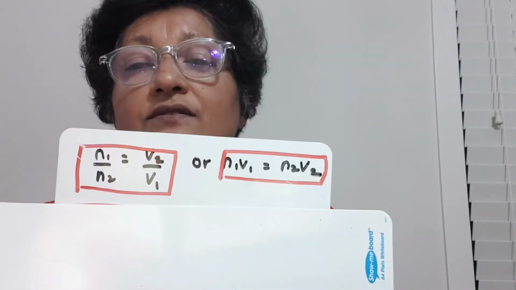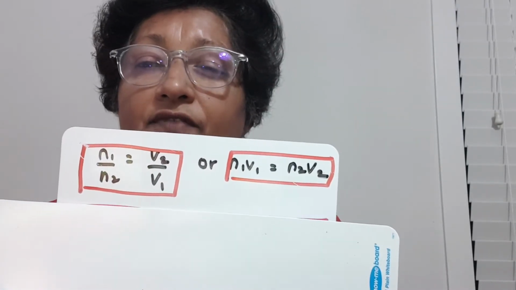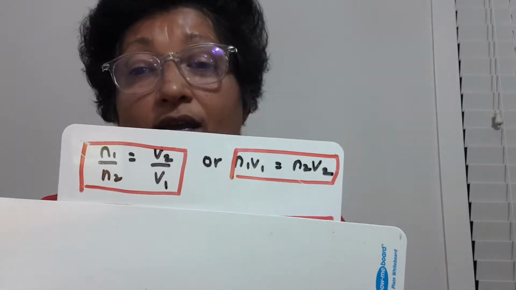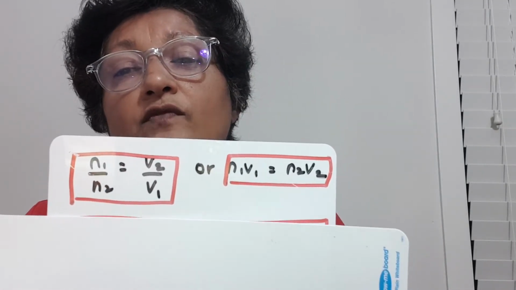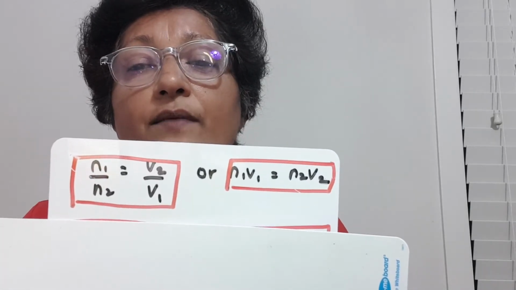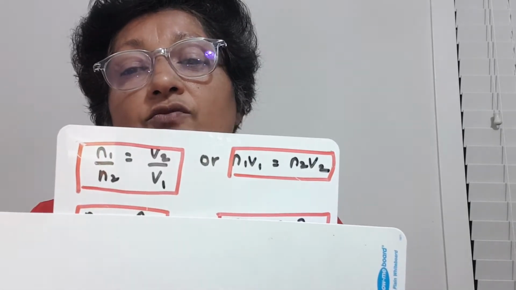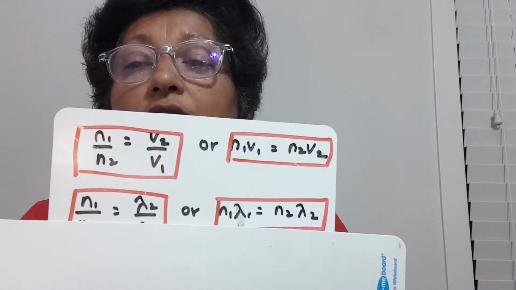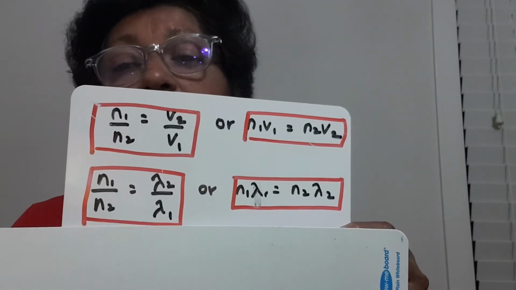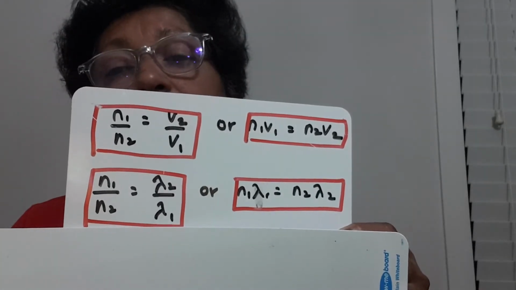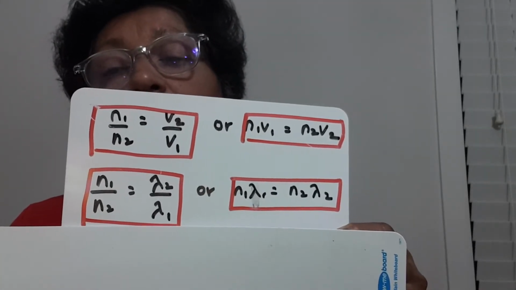Say you take a pair of the refractive indices and the speeds. If those two are given, then you can just use n1 over n2 equals v2 over v1. If you rearrange it, it becomes n1 v1 equals n2 v2. Or if you want to combine the velocity and the wavelengths, you can get v1 over v2 equals lambda 1 over lambda 2.